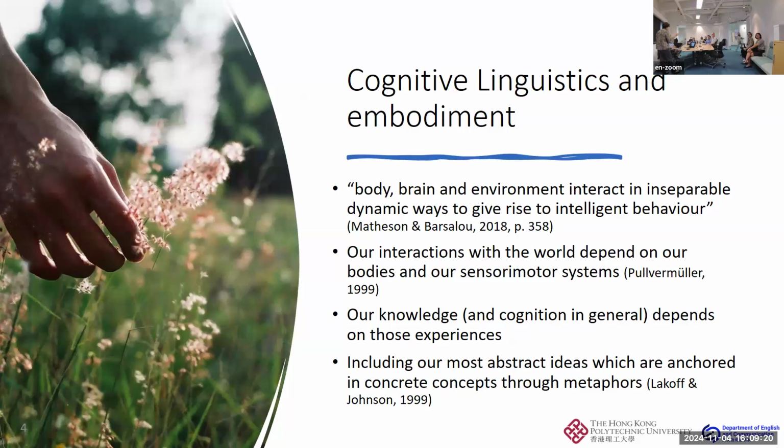For those of you not familiar with cognitive linguistics, a very basic principle is that organisms learn through the interactions of our body with the environment. These interactions through our senses allow us to pick up information that is then processed.